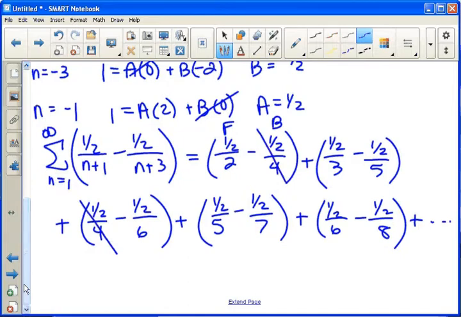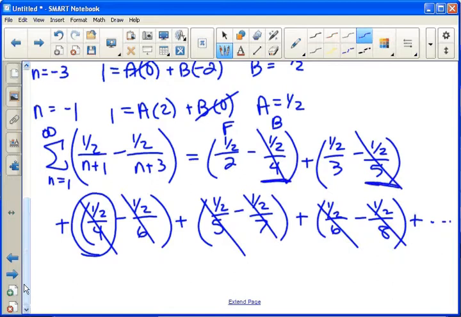Negative 1/2 over 6, positive 1/2 over 6. So as soon as I see this front term canceling out, I know everything after that is going to cancel out. And these back terms right here always cancel out anyway. So the only two terms I have left are 1/2 over 2 plus 1/2 over 3.